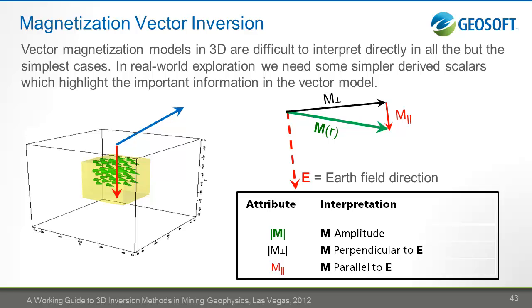On the other hand, we can also look at the perpendicular component to the Earth's field direction. That's shown here. You can see this is largely perpendicular to the Earth's field direction, and that perpendicular component could be largely indicative of remanent magnetization.